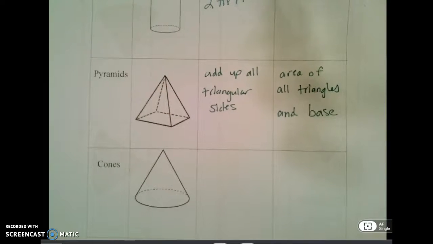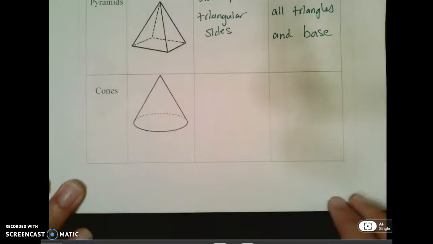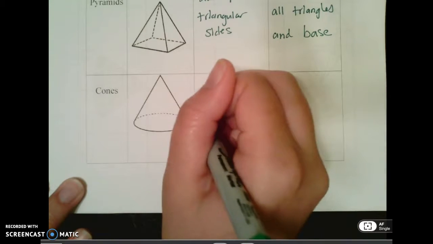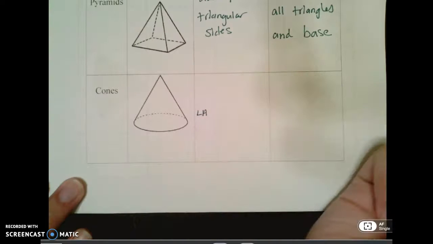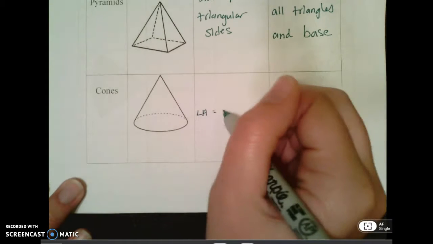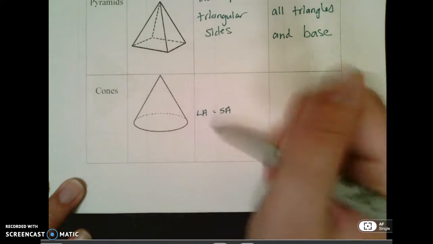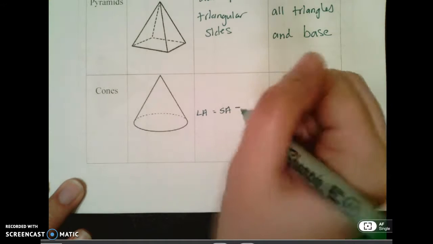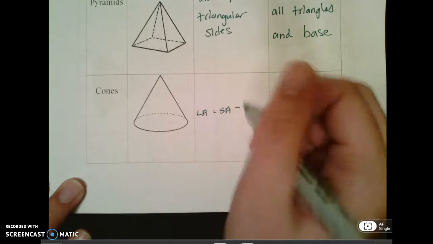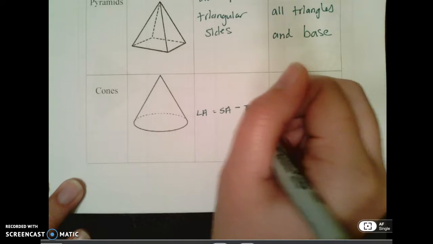The last one we're doing is a cone. And in order to get the lateral area of a cone, this one's kind of tricky. So I'm going to abbreviate here. Lateral area, LA, is your surface area, which we haven't done yet, I'm going to give you, but you take the whole surface area and you subtract off the base, which is a circle, and the area of a circle is pi r squared.